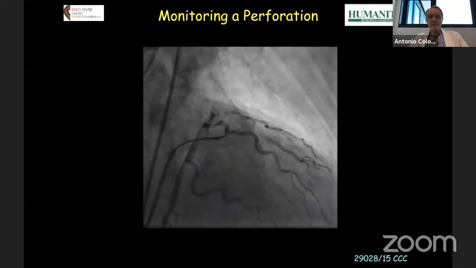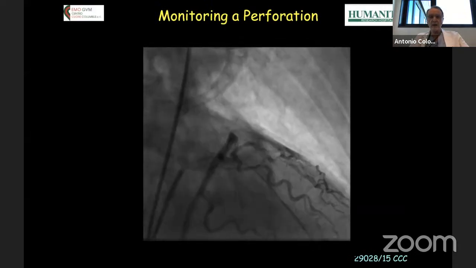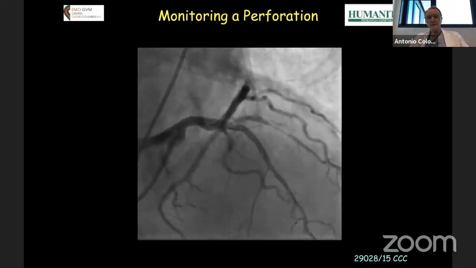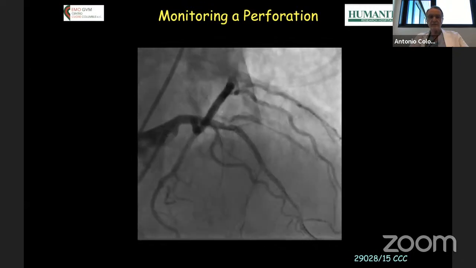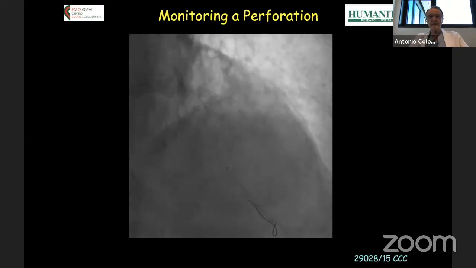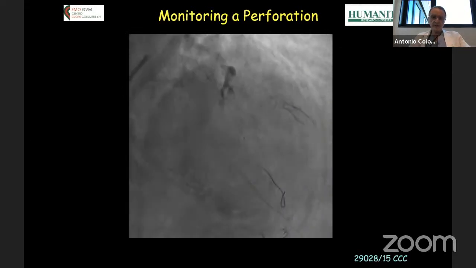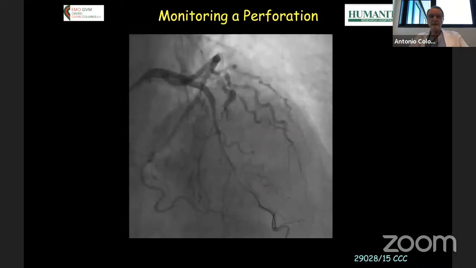This is a diagonal perforation from a big loop on a wire, which should not be done. With prolonged balloon inflation, the perforation was taken care of. Thank God there was something to do on the LAD, and after a while you see that the perforation comes back. If this patient had been sent to the floor, it would have been a problem.